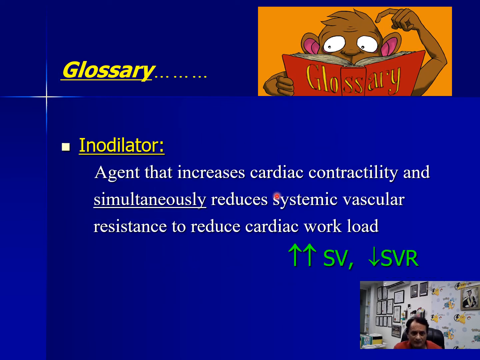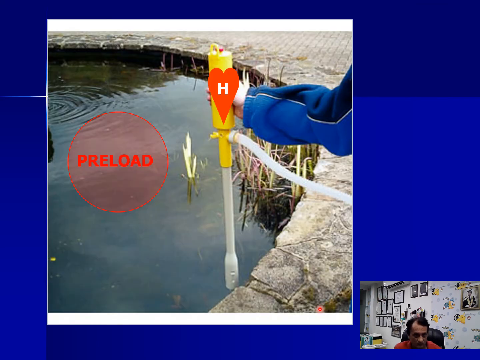Inodilator: an agent that increases cardiac contractility and simultaneously reduces systemic vascular resistance to reduce cardiac workload by increasing stroke volume and decreasing SVR. In this example, you can see that you have decreased the systemic vascular resistance, so it is easy for the heart to eject blood, leading to better cardiac output in any patient, especially in cardiomyopathy or myocarditis patients.